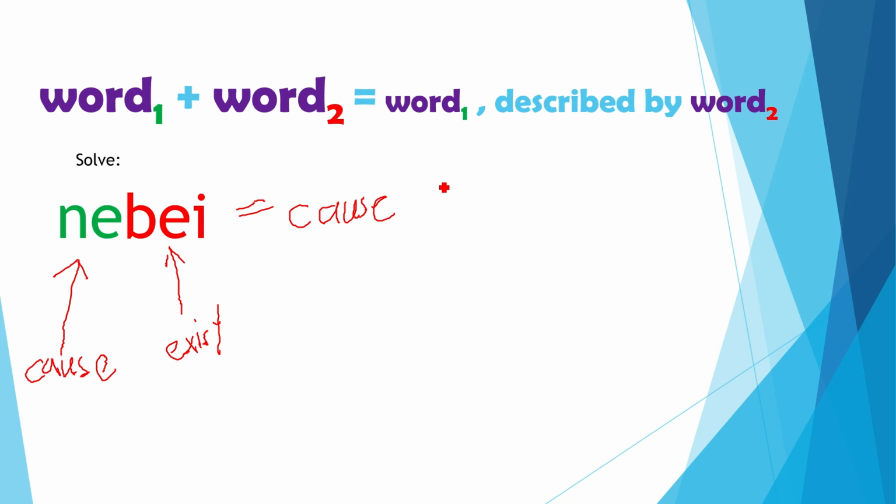Again, if a person says "I cause," it's not specific at all. And you're like, what do you mean? What do you cause? We want the person to describe the word cause. And they say, I cause existence. I cause to exist, right? That's why nebe means cause to exist.